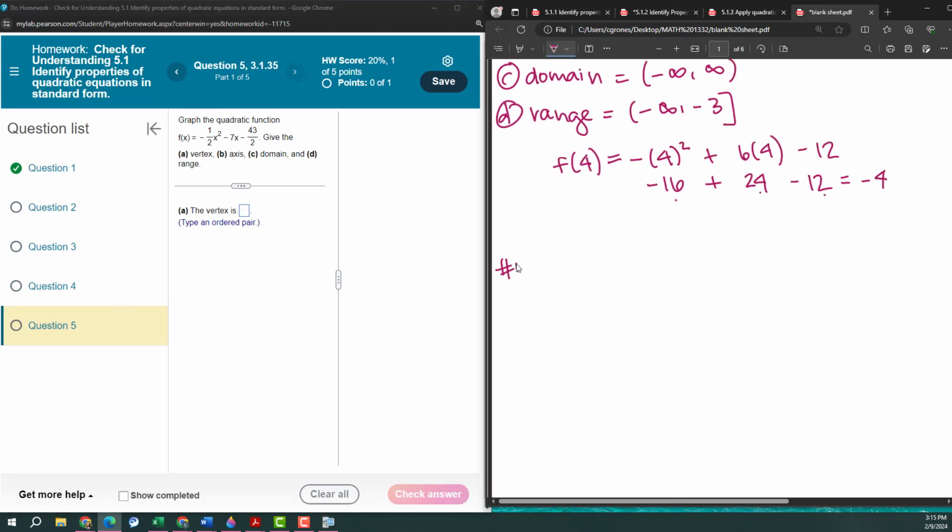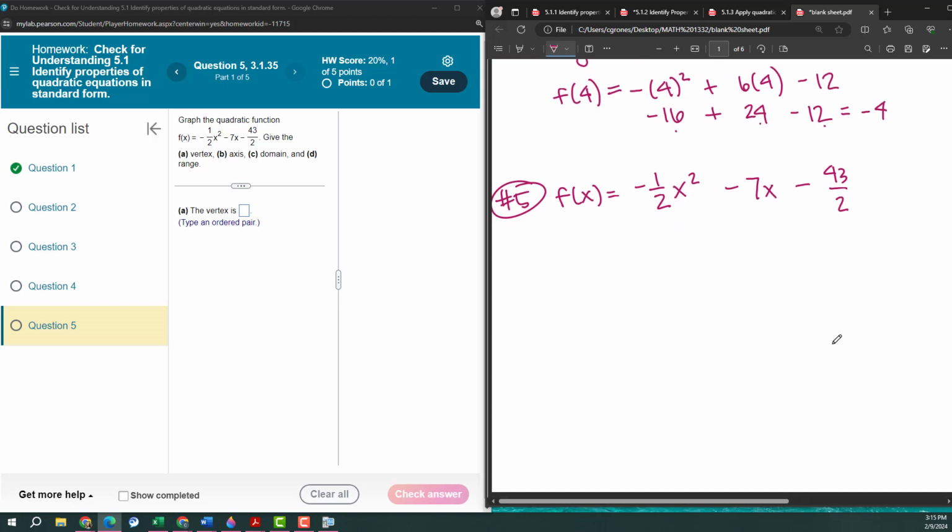Okay, so number 5. We have f of x equals -1/2 x squared minus 7x minus 43/2. So we've got some fractions, and so that's what's going to make this a little bit harder to work with.